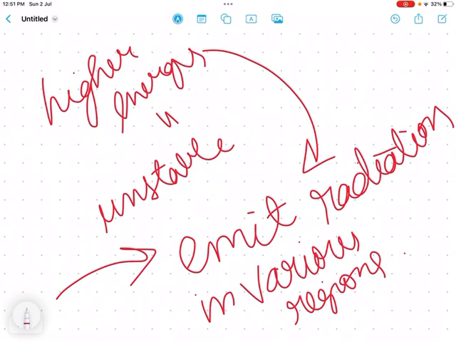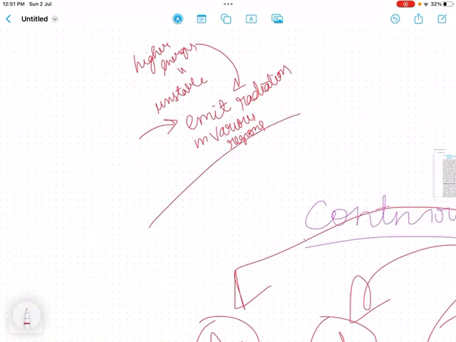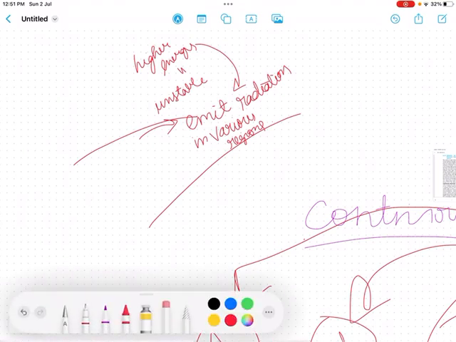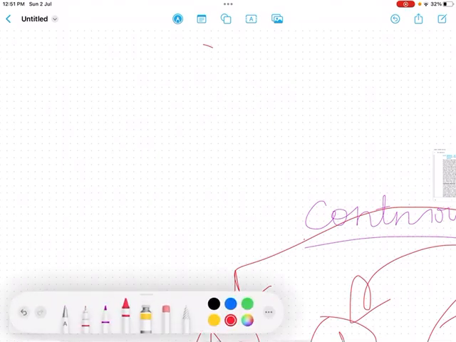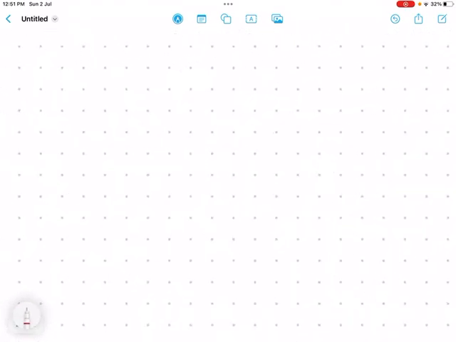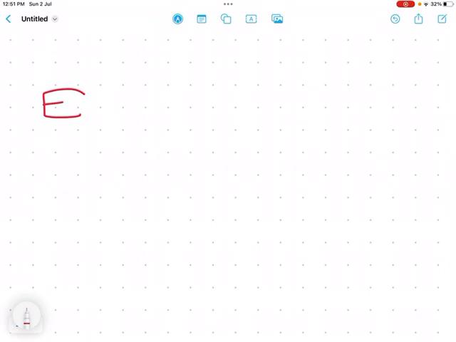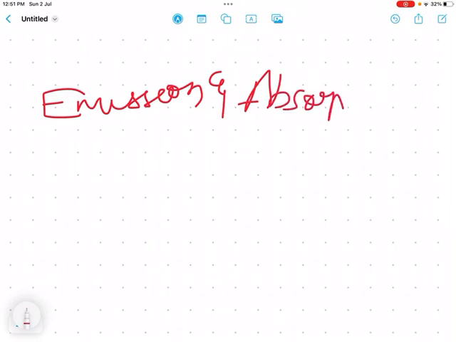Now, emission and absorption spectra. Let's see what emission versus absorption spectra are.